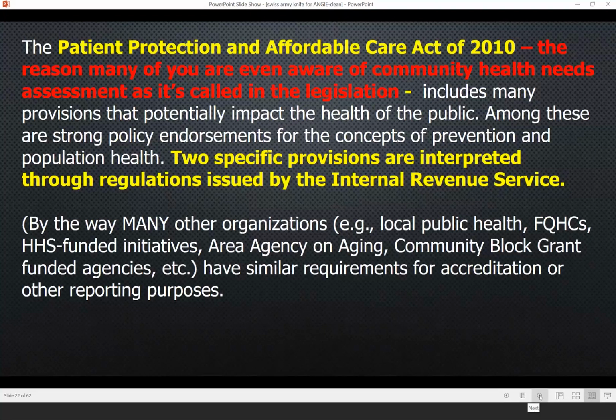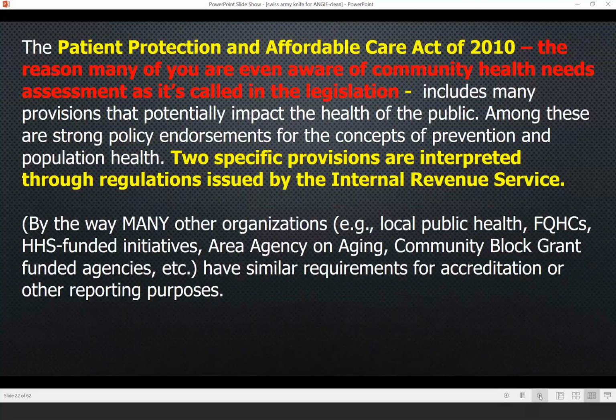But understanding that the 990 provisions and the IRS requirements that you have to meet to maintain your nonprofit status is a great rationale for doing something that was a good idea anyway. And by the way, there are lots of other organizations in your local community, local public health, federally qualified health centers, HHS-funded initiatives, community block grants, many other programs, United Ways, that have similar requirements for either education or reporting purposes.